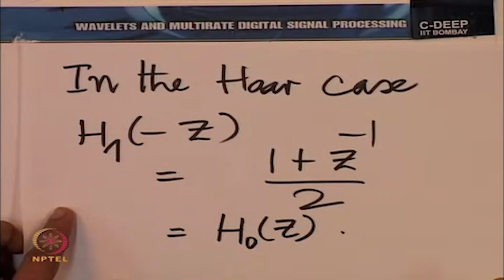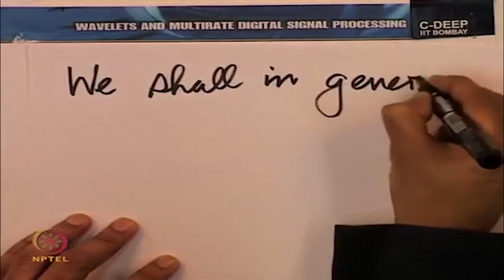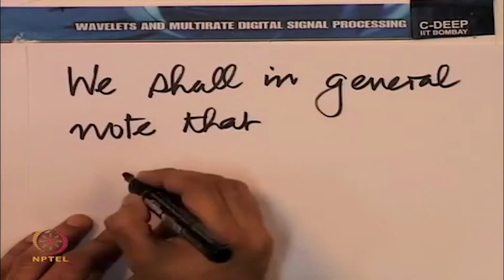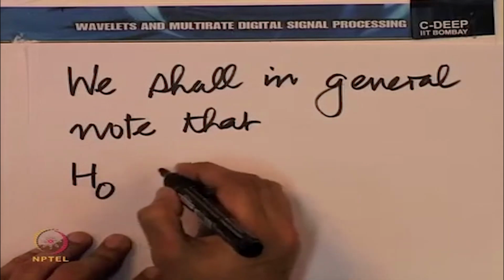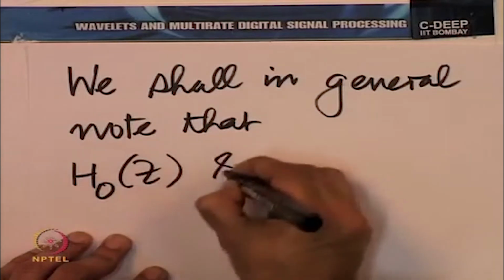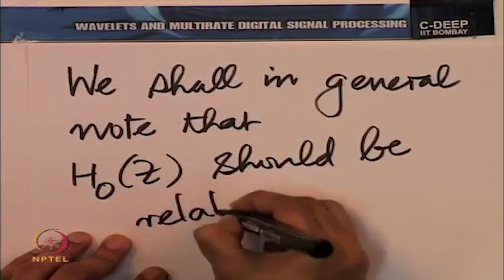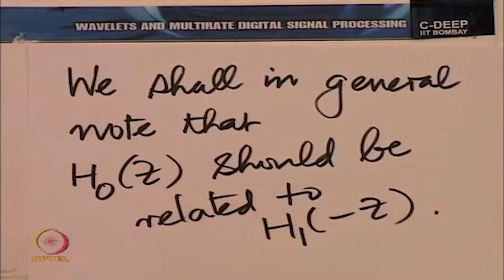So, what we will do is, we shall in general note that H 1 or rather H 0 should be related to H 1 minus z. So, in the Haar case they are equal, but in general we will ask for a very close relationship.